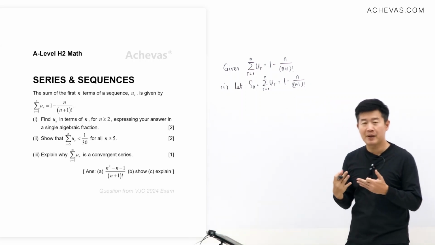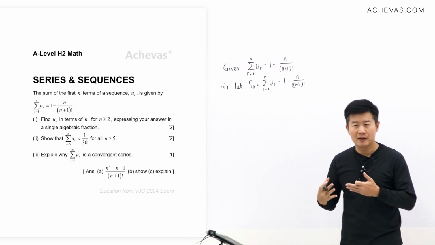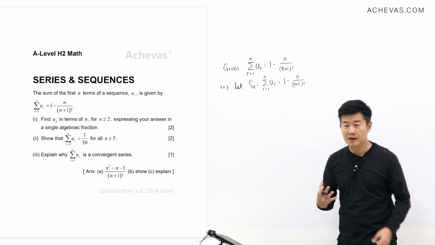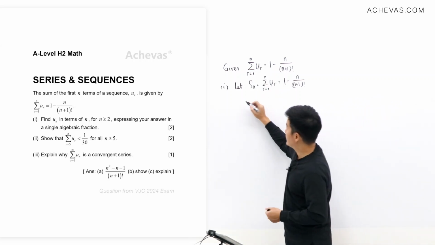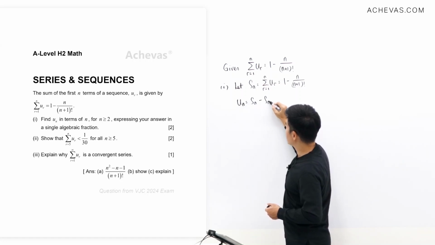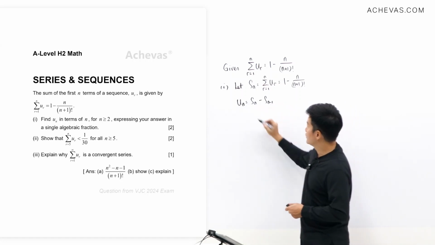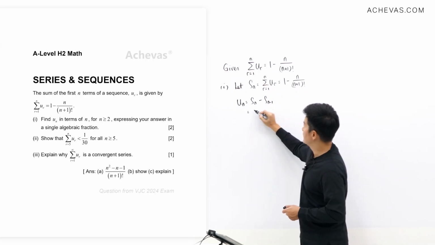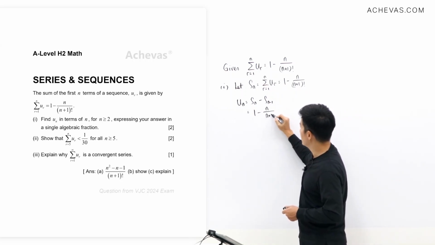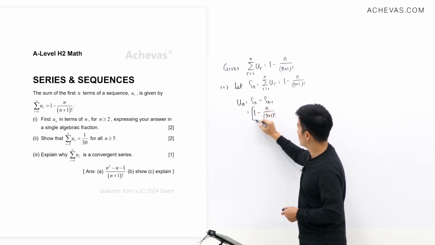It is an optional step, but it is something that we can do so that our solution becomes something that we tend to get a bit more used to. Because once we see this Sn, then Un will just simply be Sn minus S(n minus 1). So if Sn is this, let me write it down first: 1 minus n over (n plus 1) factorial.